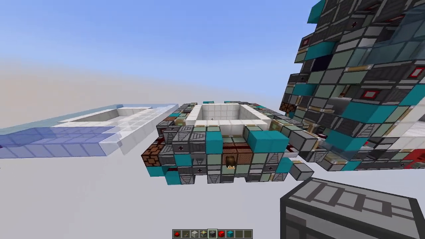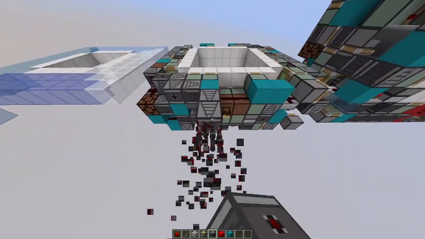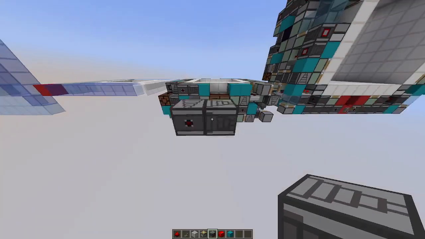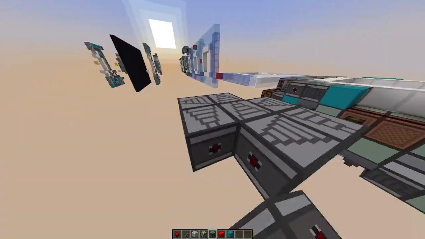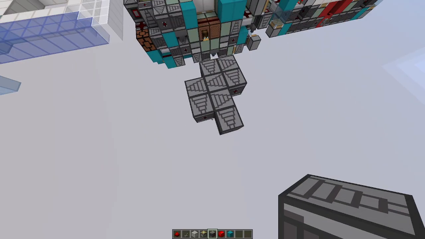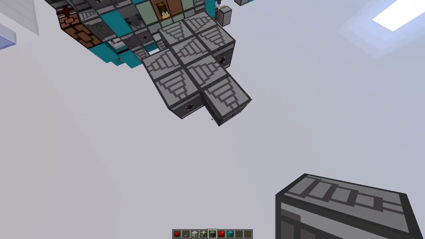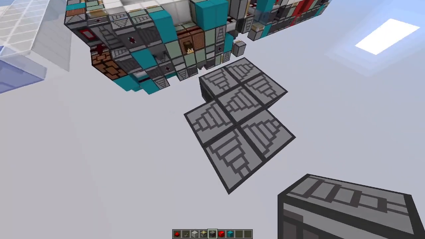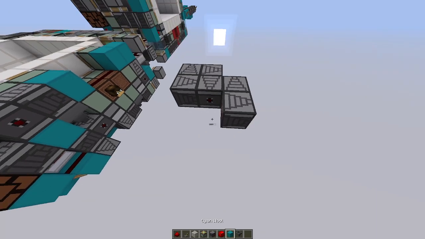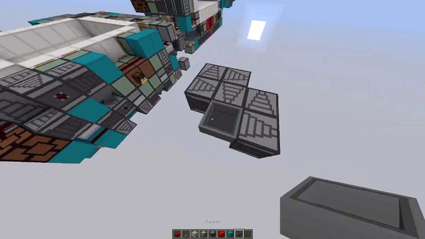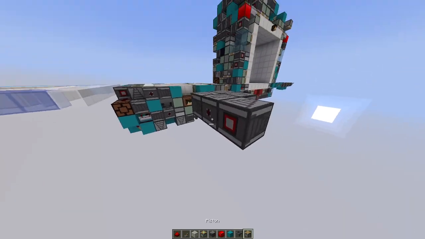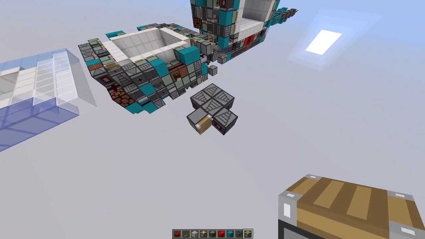So for example, an observer line, you may have a very straight line, or you can have a very snaky position. This is what I mean by flexibility in shape. And the layout, of course, because for example here, maybe I want to make it into a hopper, then we reduce one tick in delay. Or maybe I want to make it into a piston, then I reduce another tick of delay.